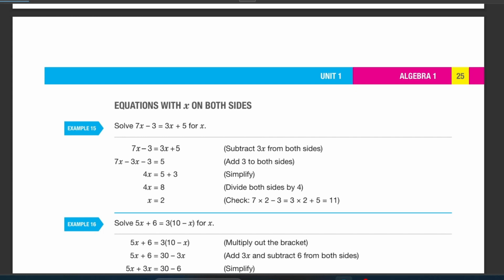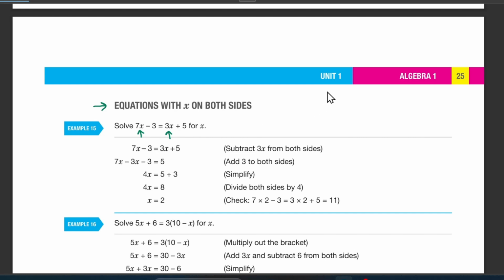Okay. Now the next thing is equations with x on both sides. Okay, now in the previous examples, all the examples we had the x on only one side. Now we have x on both sides. So in this example also you can see 7x is on the right hand side, 3x is on the left hand side.